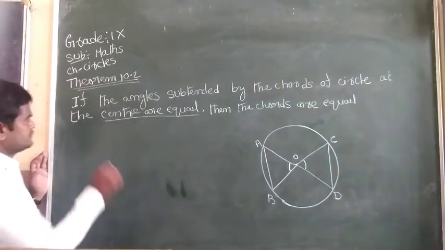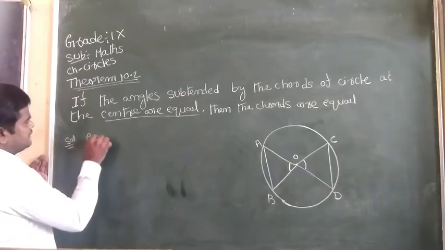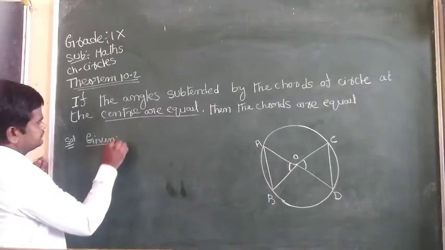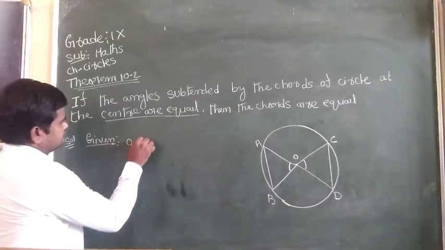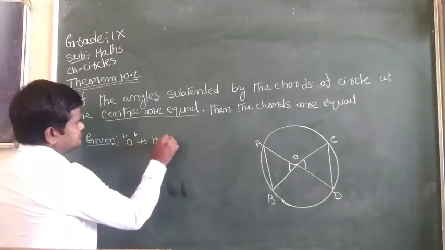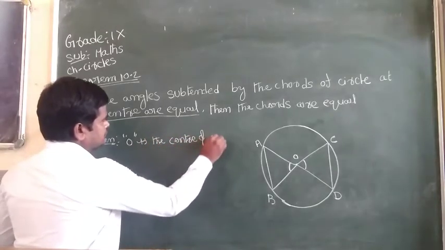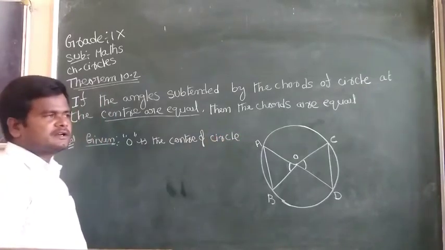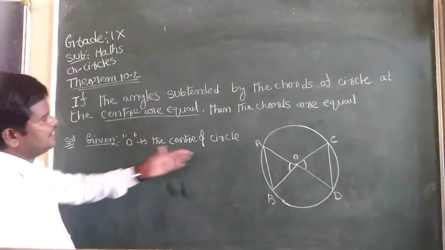First, the given. So what is given here? O is the center of the circle, and also the angles are equal.